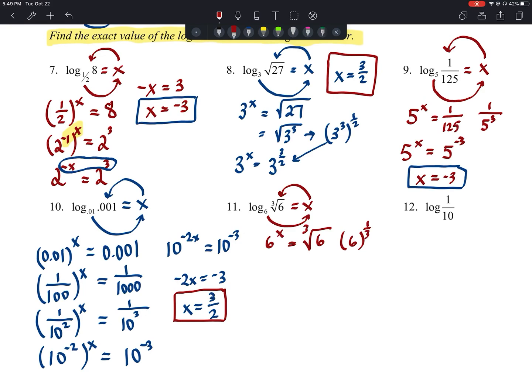So we'll go ahead there and rewrite that as 6 to the 1/3 power. And that is equal to 6 to the power of x. And since we're trying to make this equal, we know that this exponent is going to have to end up being 1/3 for it to be true. So we'll write out that x should equal 1/3.